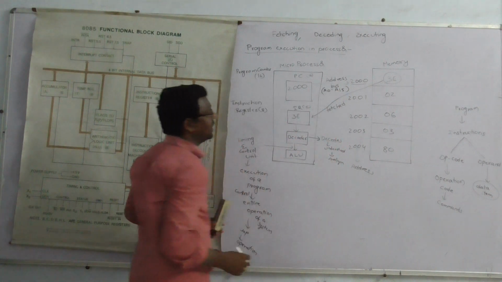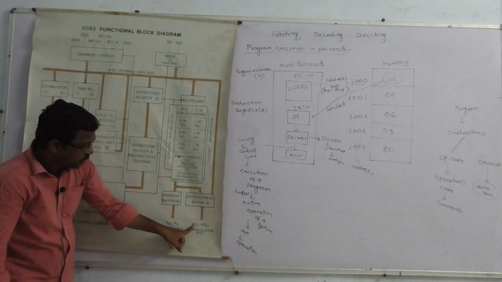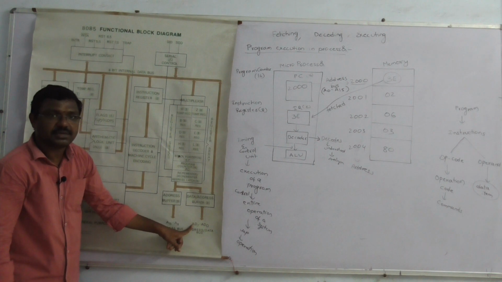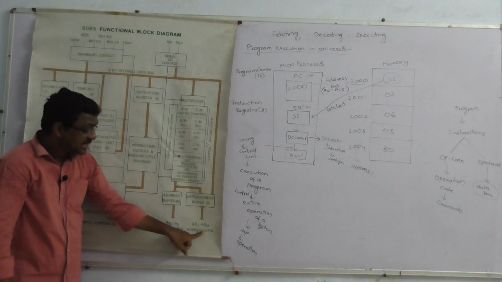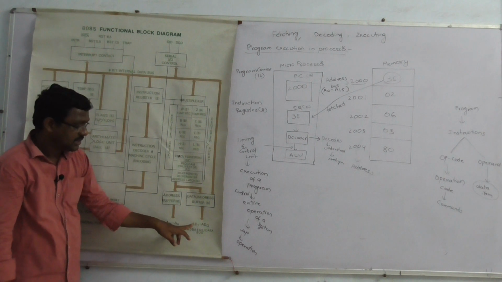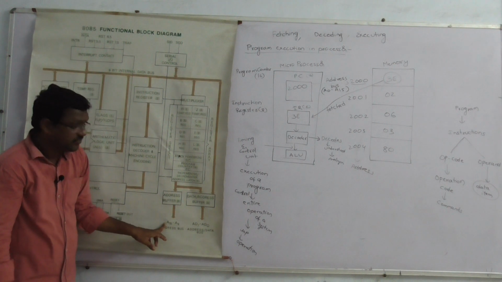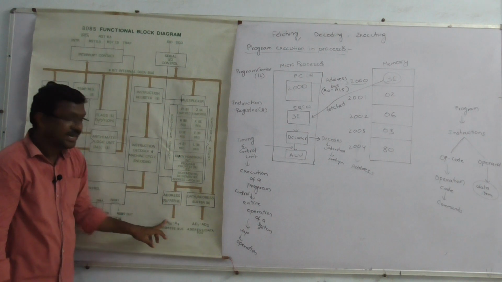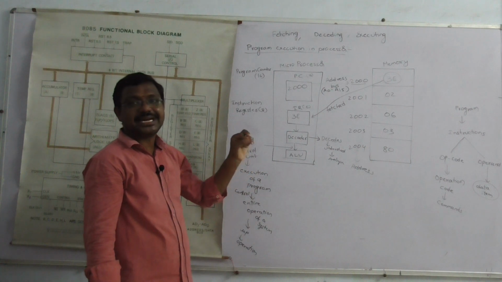Here AD0 to AD7 are multiplexed, combined for the address and data lines. We can separate the address lines A0 to A7 and A8 to A15. In total, A0 to A15 make 16 address lines.